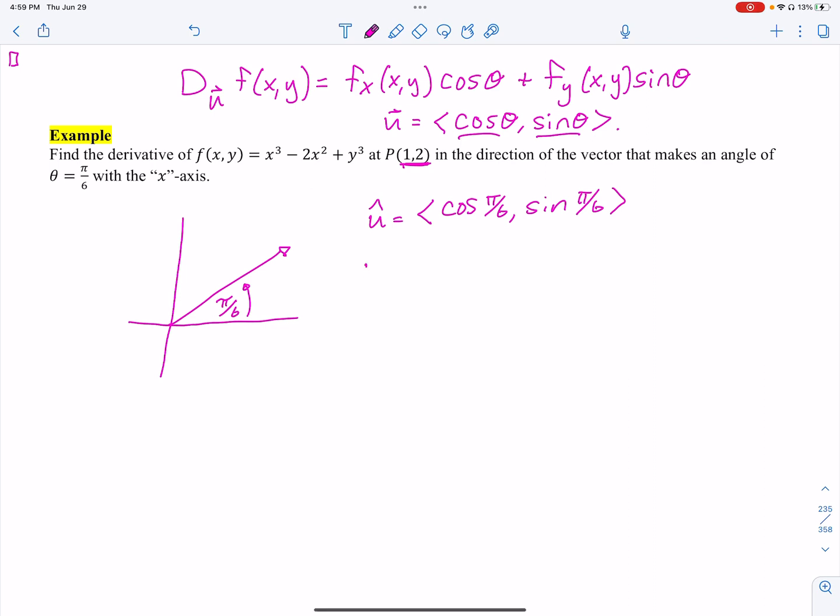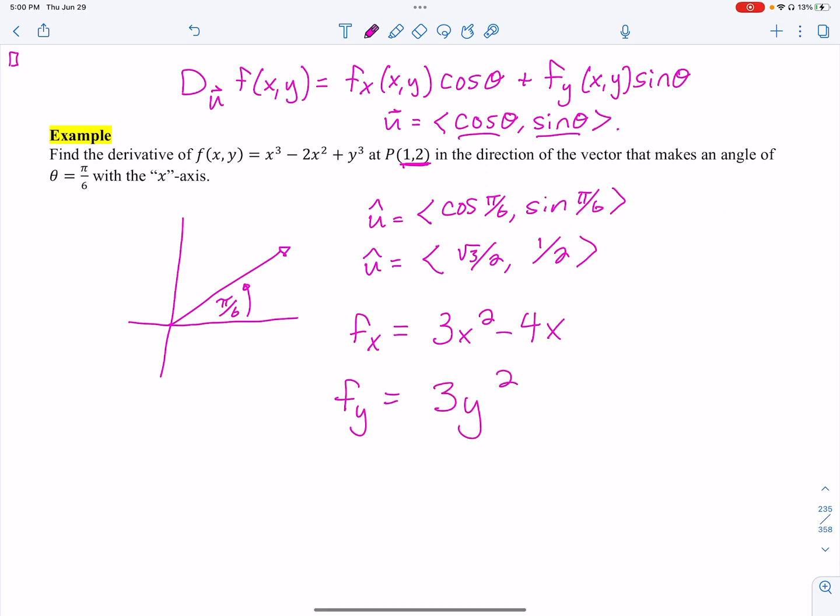So we have that. The unit vector is cosine of pi over 6, which is radical 3 over 2, and sine of pi over 6, which is 1 over 2. So we know it's in that direction. I also need my partial derivatives of f. The partial of f with respect to x is 3x squared minus 4x. The partial of the function with respect to y is 3y squared.